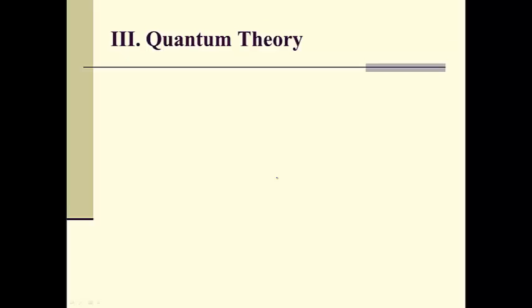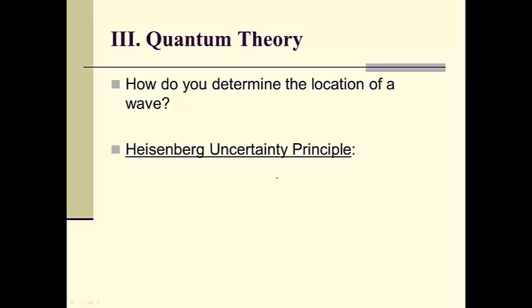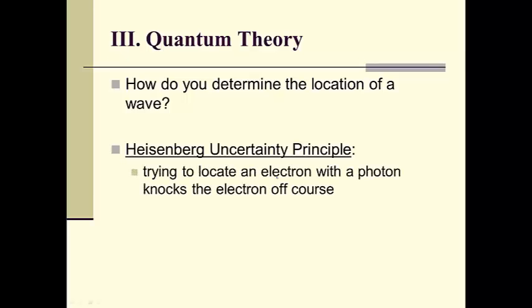Well, when we talk about quantum theory, how do you figure out the location of a wave? Well, the wave is in one spot. Also, there's something called the Heisenberg uncertainty principle. Trying to locate an electron with a photon, in other words, if you want to see where it is, you need to shine light on it. But the process of shining light on it actually knocks the electron off course.